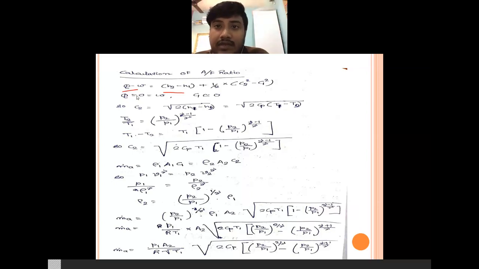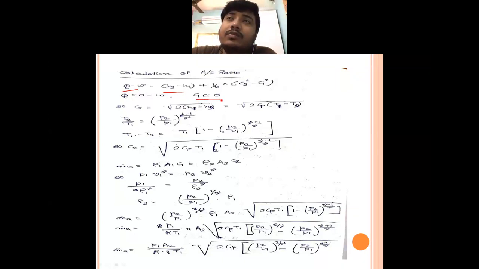Now the inlet velocity of the air with respect to the venturi velocity is very much less, so we can consider C1 is almost 0. If we put all these values in this equation, C2 will come as the square root of 2 into H1 minus H2.